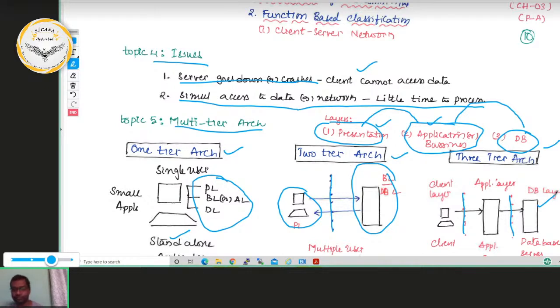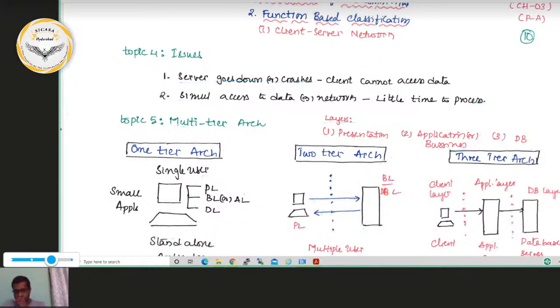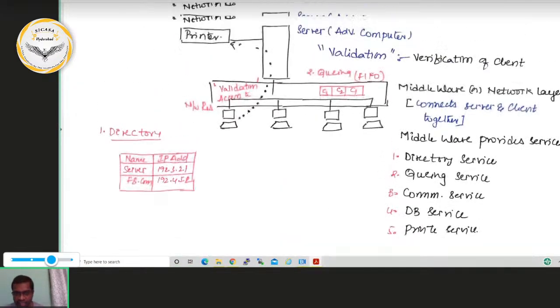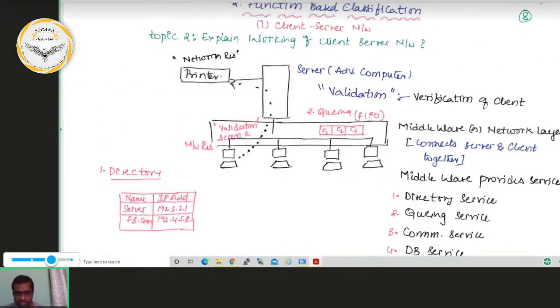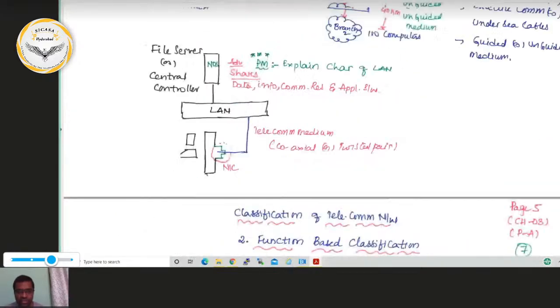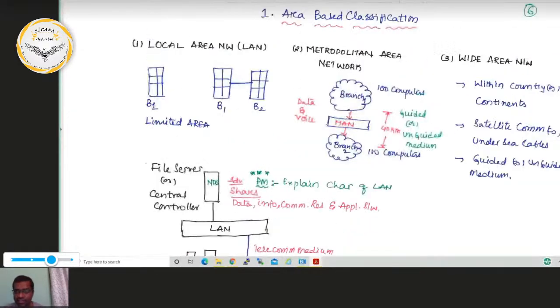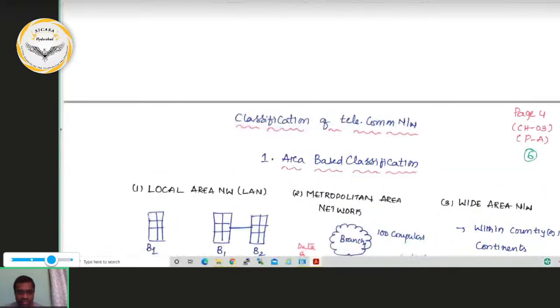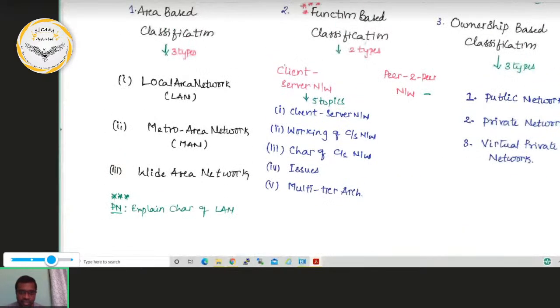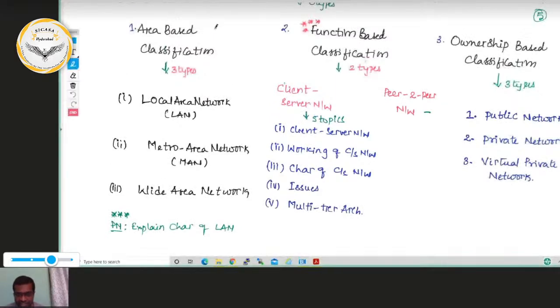So with this, we are done with client-server networks. We are in the classification of telecommunication networks. We are done with area-based classification, and we started function-based classification.